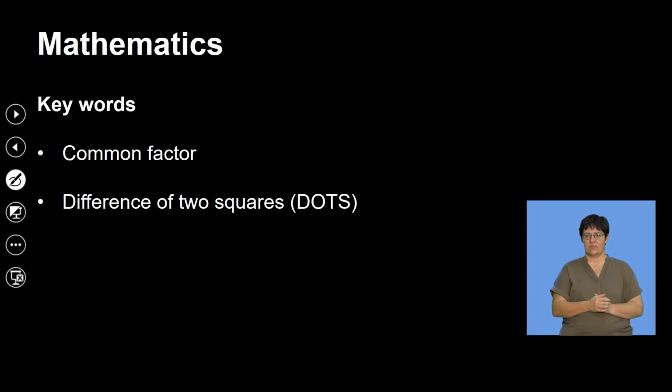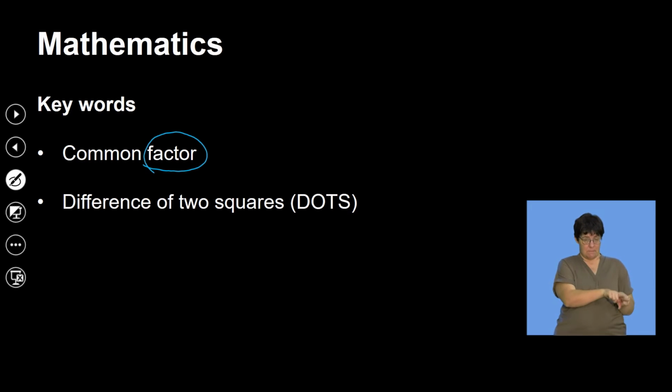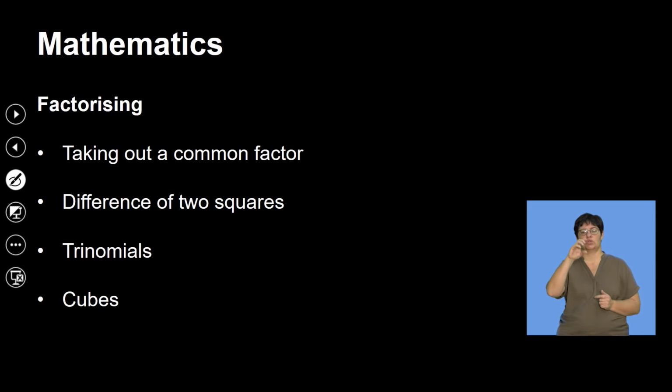So some keywords that you need to look at is what we call a common factor. I know that by now you know what a factor is. And then common will mean that it is the same throughout the number of terms that you have. We also have what we call the difference of two squares. Remember I said we shorten it and say it's just dots. Now, when factorizing, we have some different types of factorizing.